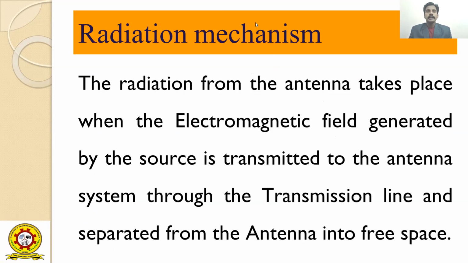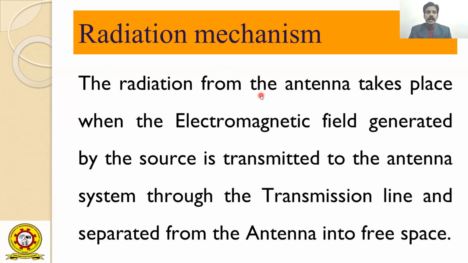In this explanation, we now focus our concentration on the radiation mechanism. This is the radiation mechanism. The first fundamental idea in antenna fundamentals and wave propagation is the radiation mechanism: how a given antenna, or a given material, is able to produce radiation.